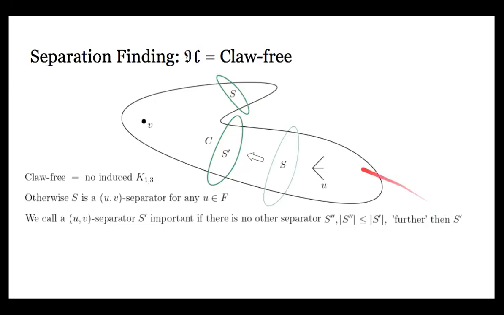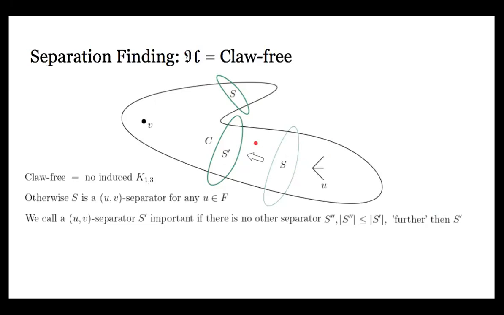What does it mean further? It means that the set of vertices reachable from U would be a superset of the vertices reachable when using the first separator.